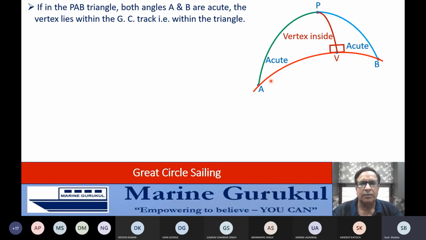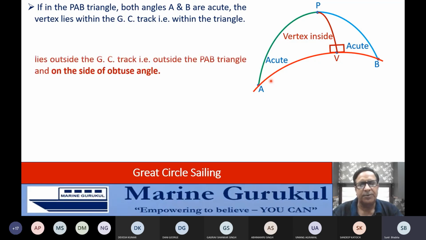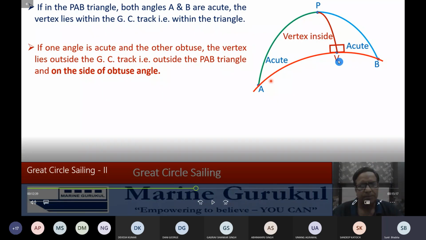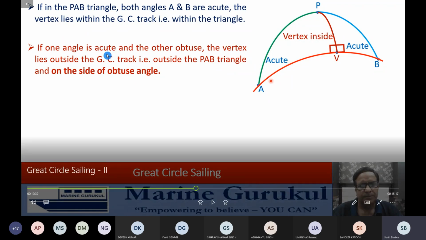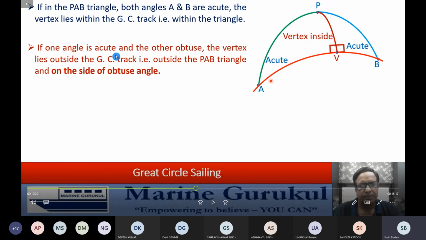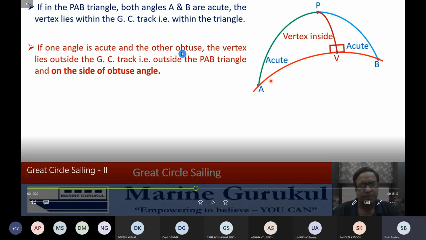However, on solving for angles A and B of the PAB triangle, if we find that any one angle happens to be acute and the other one obtuse. Okay, now beta, we are coming to the second condition. We found angle A and angle B by using the cosine formula. One angle is acute, meaning less than 90 degrees, and the other angle we got is obtuse.